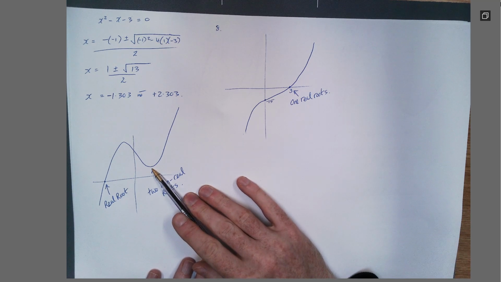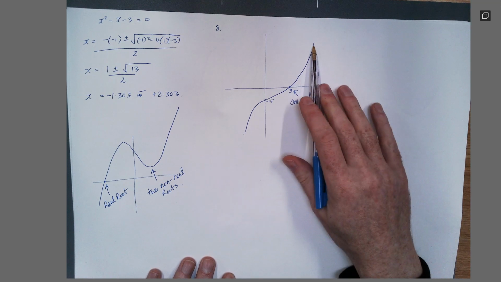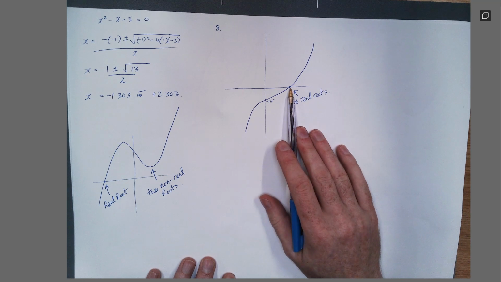Now, that's basically complex numbers, but we'll get to that later on. That's next year's stuff. But it is right that the graph crosses the x-axis once, so there is 1 real root.